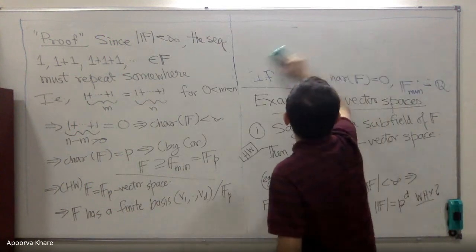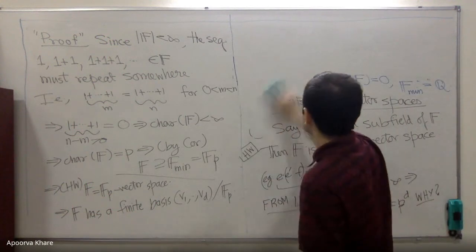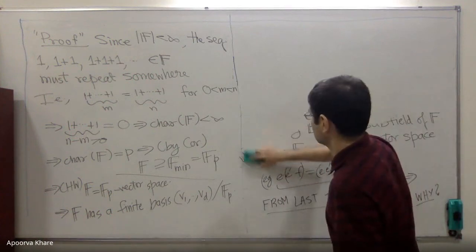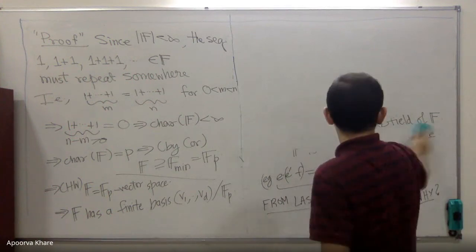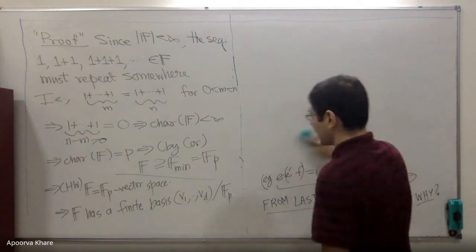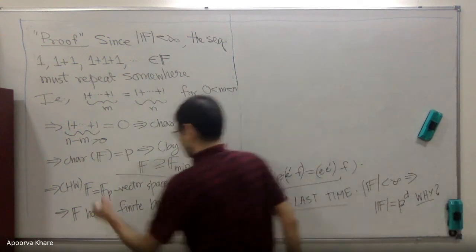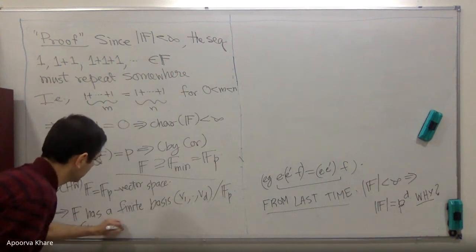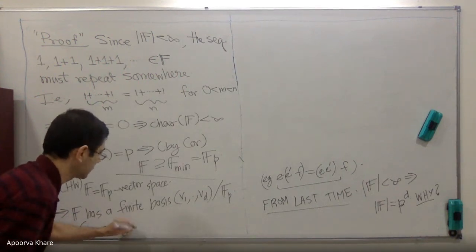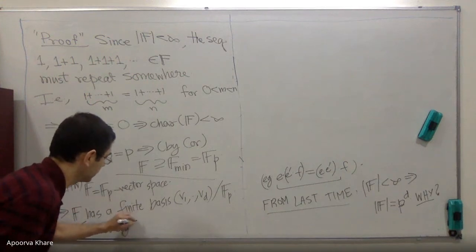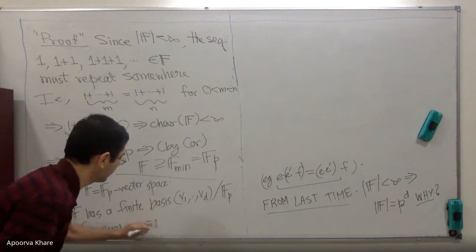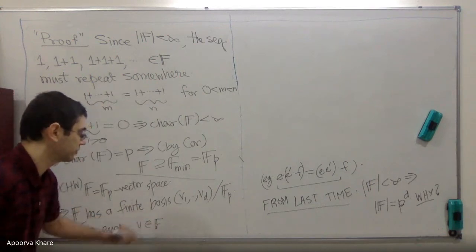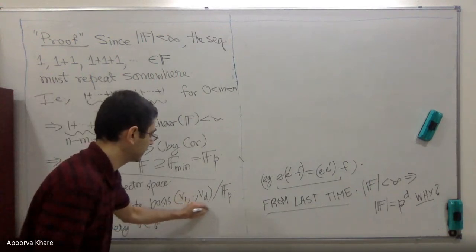Okay, so what does this mean? It means that every element of F, let's say v in F. I'm thinking of F as a vector space, so I'm writing down vectors in F. These are all elements of F, by the way.